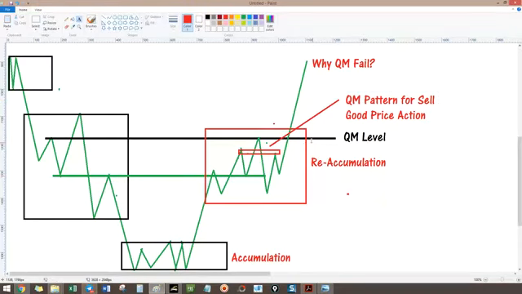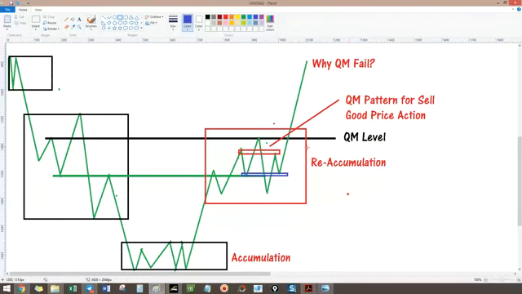Because this is a reaccumulation phase, which is a place for buy. It's a buy setup. If you do not understand the structure, you will fail trading QM. You will see over here you can find a decision point and it rejects really well, and then it shoots up. So you need to understand the structure. So actually, it is a buy setup over here. It's an HNS. So this is a buy setup actually.